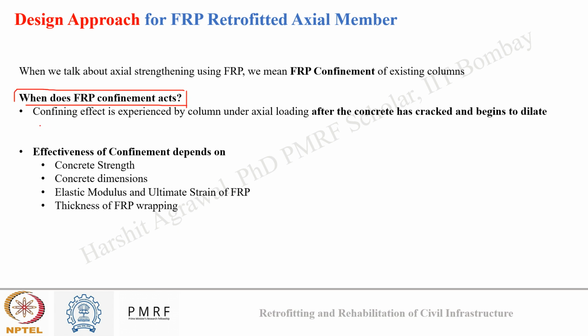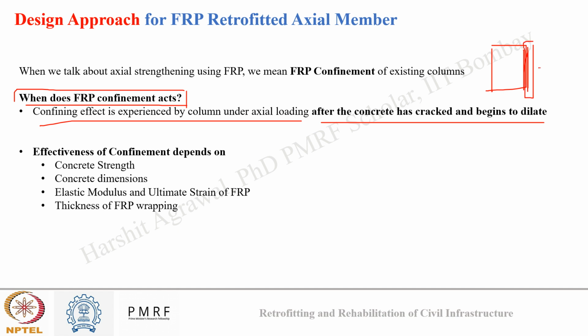The confining effect is experienced by the column under axial loading after the concrete has cracked and begins to dilate. Unlike other cases, the existing column and FRP are not acting together from the start. FRPs are in a passive state and won't give any contribution to axial strength initially.